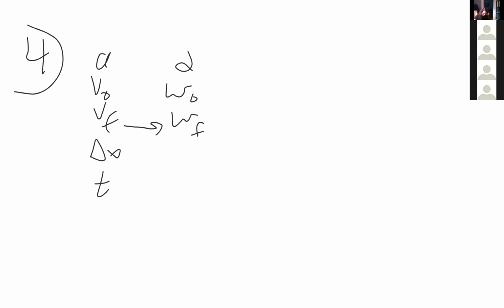So for kinematics, we had acceleration, initial velocity, final velocity, delta x, and time. To translate these to the angular quantities now, we'll have alpha, omega initial, omega final, delta theta, and time. That's it. We're just using different variables.